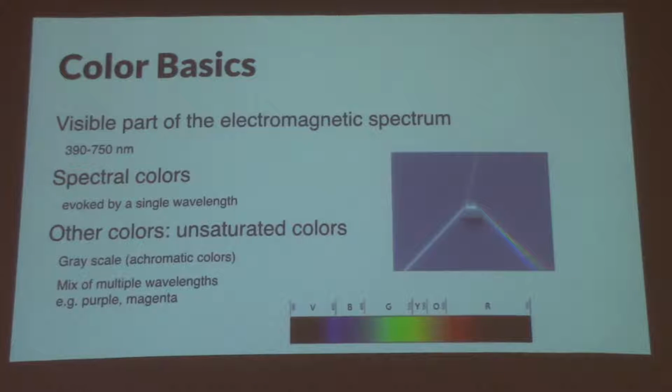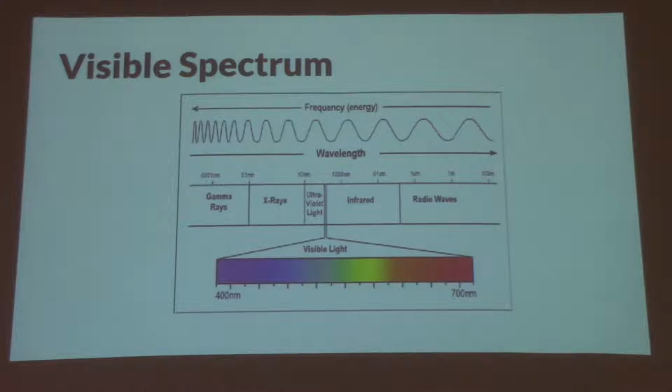For example, purple or magenta are not on the spectrum of single wavelengths, but are actually combinations of multiple wavelengths. You can see we have gamma rays, X-rays, ultraviolet light, and only this tiny fraction here on this logarithmic scale is actually the visible light, and this is the rainbow color map that we will talk a bit about. And then we have infrared light and radio waves.